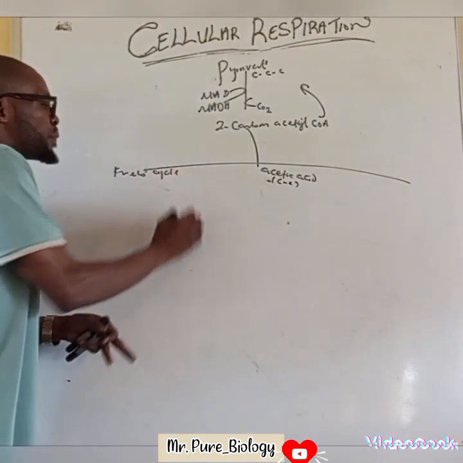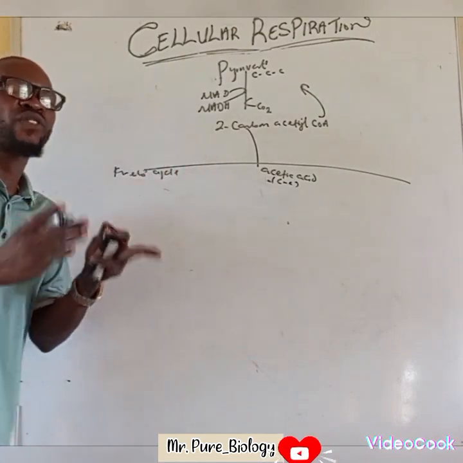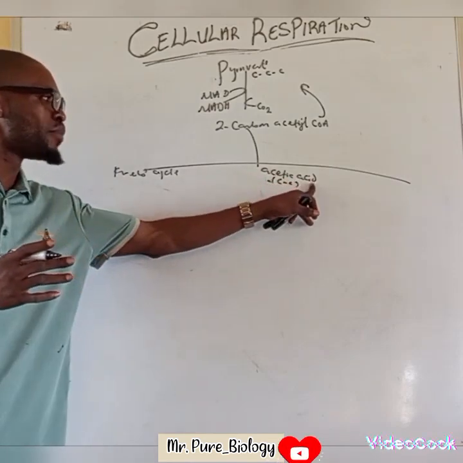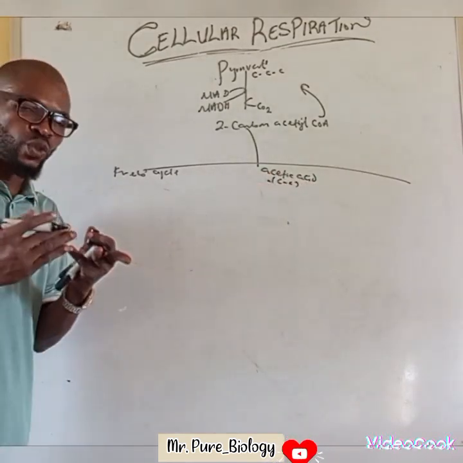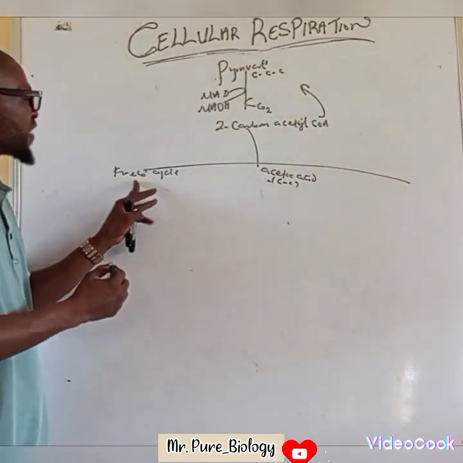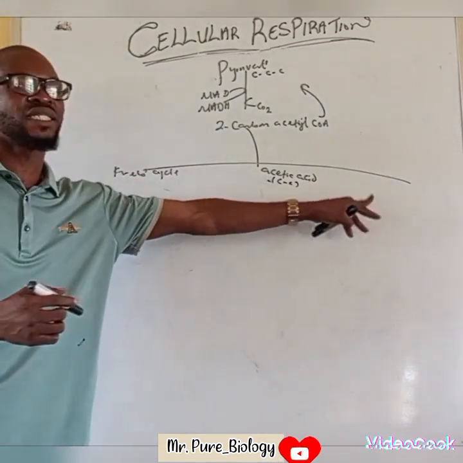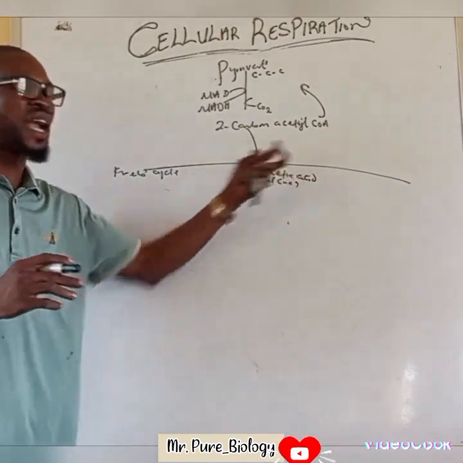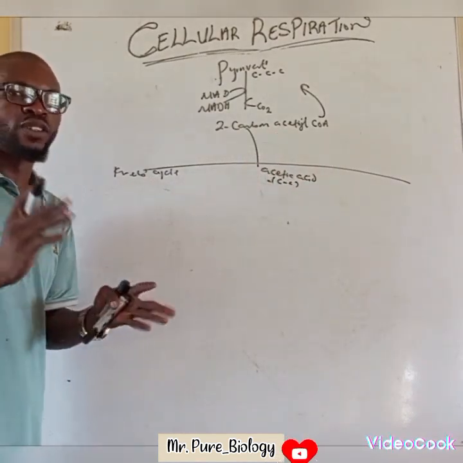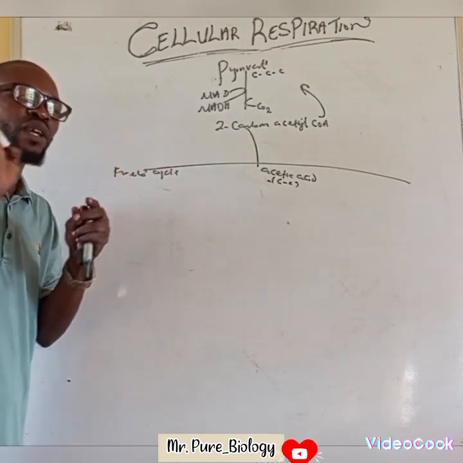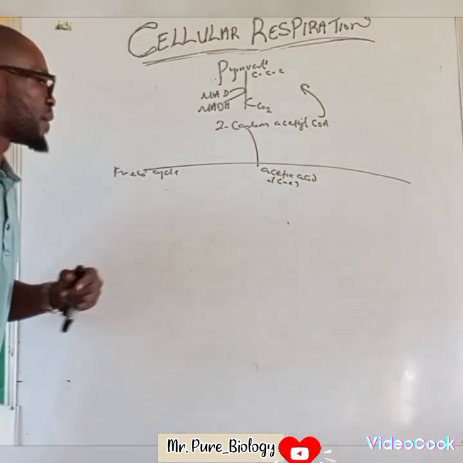From the previous reaction, there is 4-carbon oxaloacetic acid that this 2-carbon acetic acid will react with to form citric acid. That is why in some cases we refer to Krebs cycle as the citric acid cycle, or the tricarboxylic acid cycle, because there is going to be production of 3 molecules of carbon in the form of carbon dioxide.